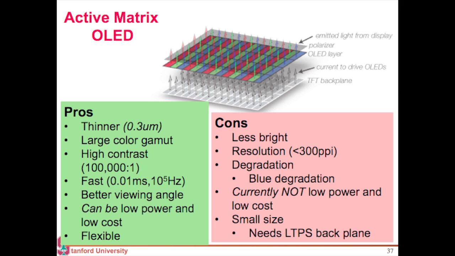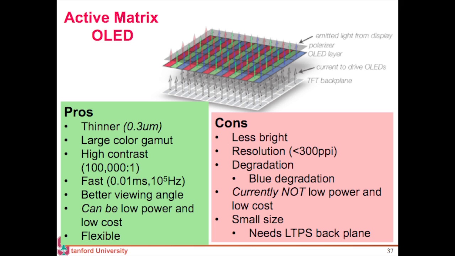It has a very large color gamut, and that comes from the fact that it has these three individual LEDs, and you don't get white light and then pass it through a color filter, but you're generating these three very pure primaries, and that gives you a large color gamut.